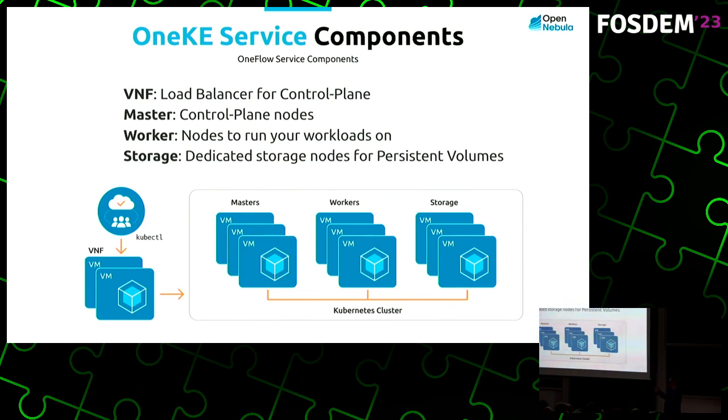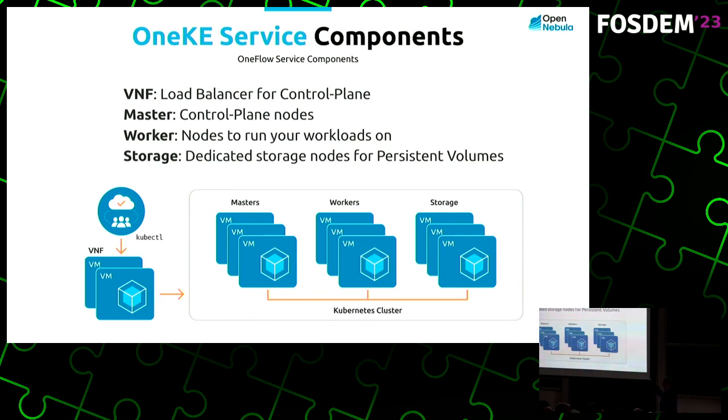Each role, for example in the Kubernetes appliance, we have defined different roles. We use the VNF role. This is the load balancer for the control plane, but it also does NAT and routing because we have two networks within our appliance. One is the public network and another is the private network between the different components, okay?